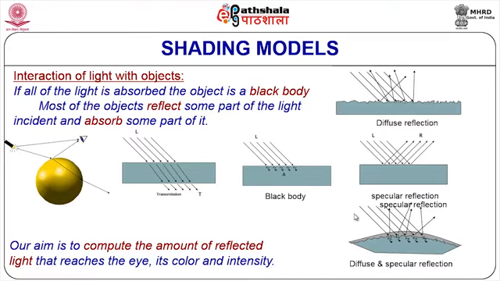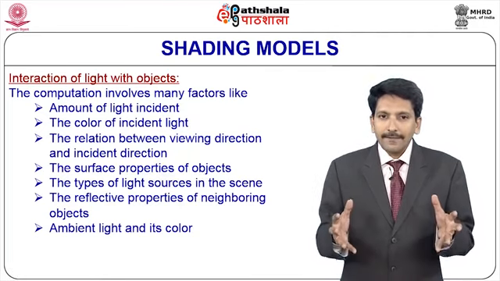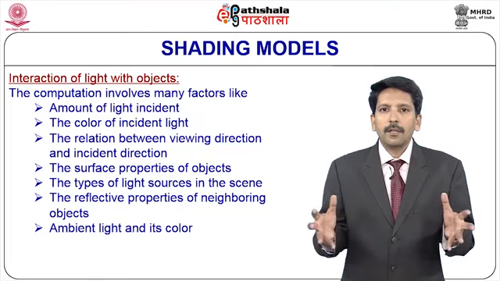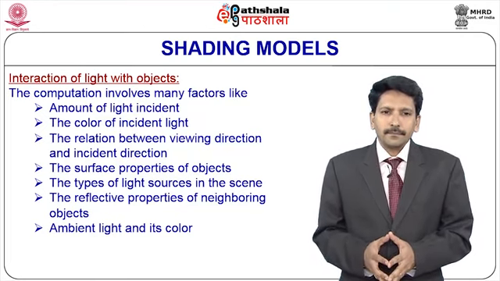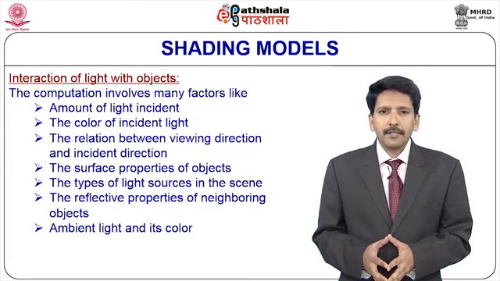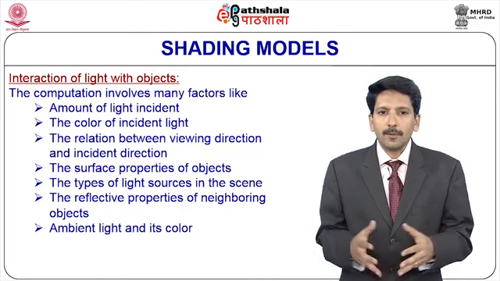Let us see how the interaction of light with objects is computed. What are the factors involved, or what are the computational parameters that are taken into account? The amount of light incident, so how much light is falling on the object, and the color of the incident light, so color also matters.